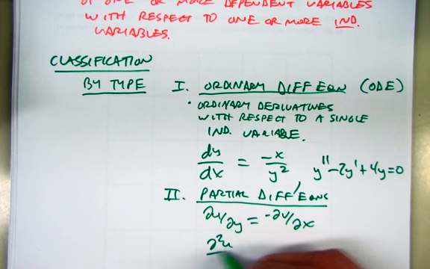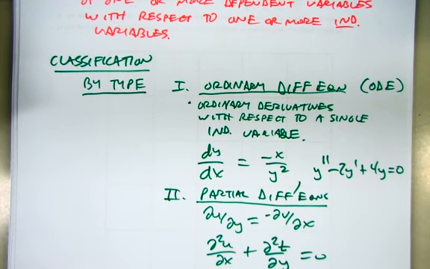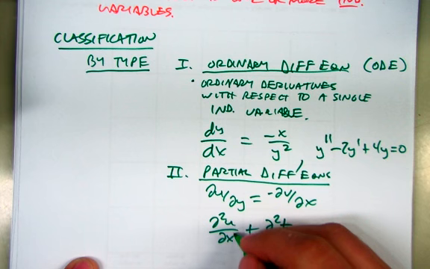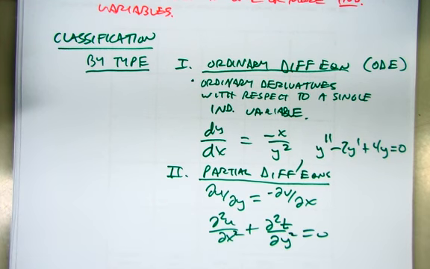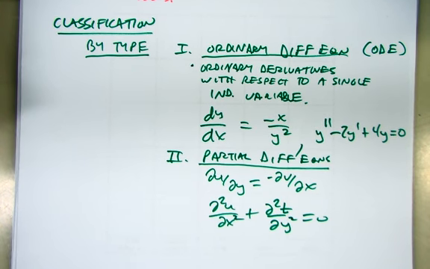Partial squared u over partial x plus partial squared t over partial y equals 0. Yep, sorry. These are all partial differential equations. Pretty straightforward to classify them by type.